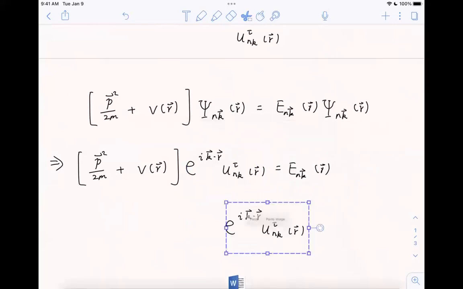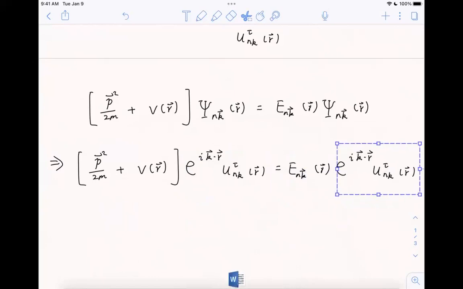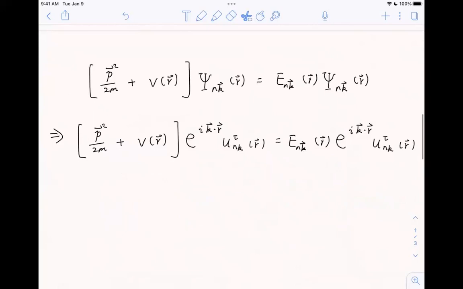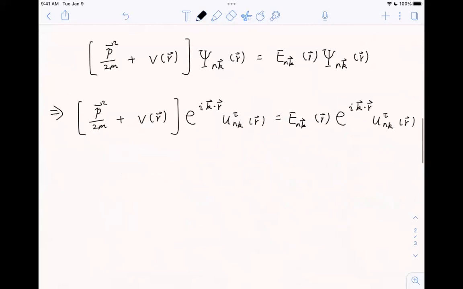Copy. Okay, good. Then we're going to apply on it.